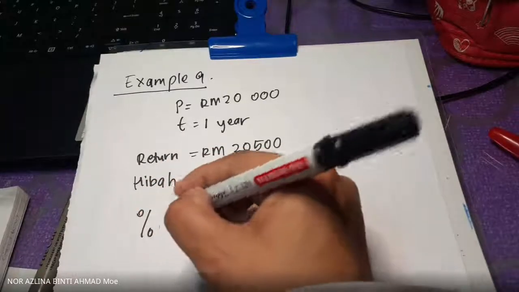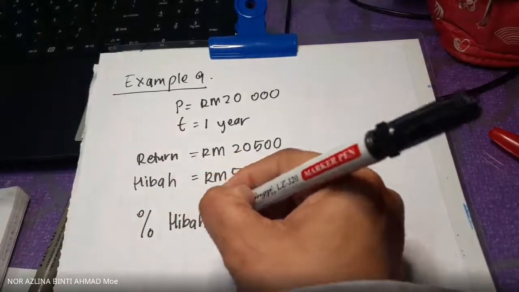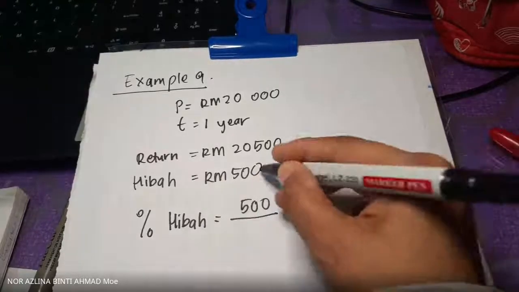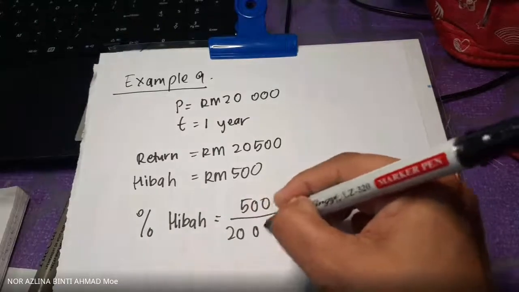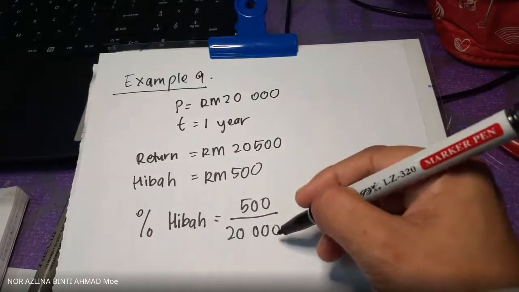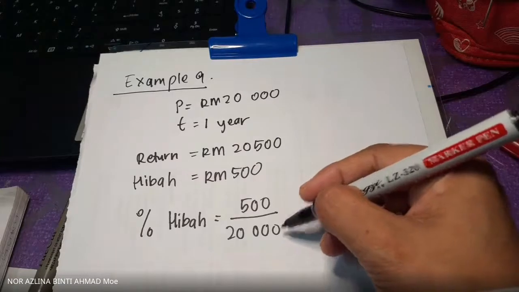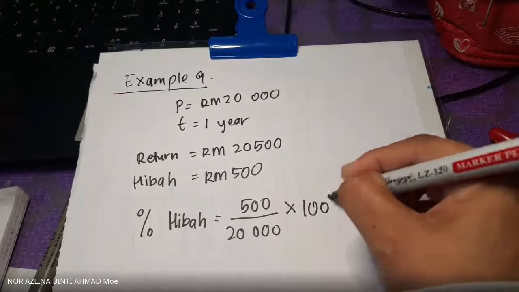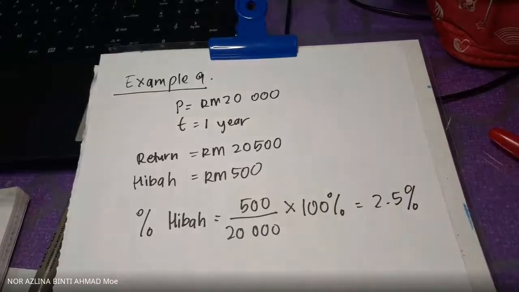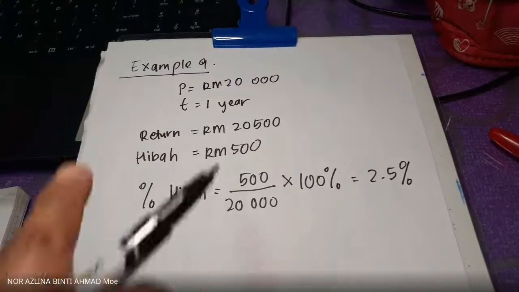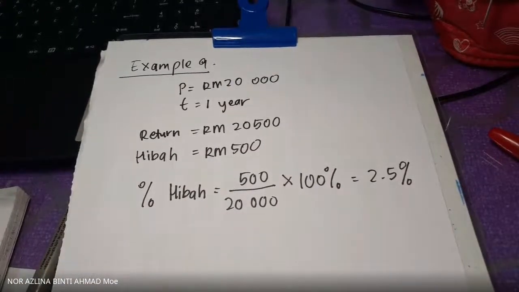So 500 hibah over principal, not over 20,500, over the original saving, multiply by 100%. So we get the hibah is 2.5% Encik Osman gets from his saving. 2.5% is only a reference for saving and is not fixed.